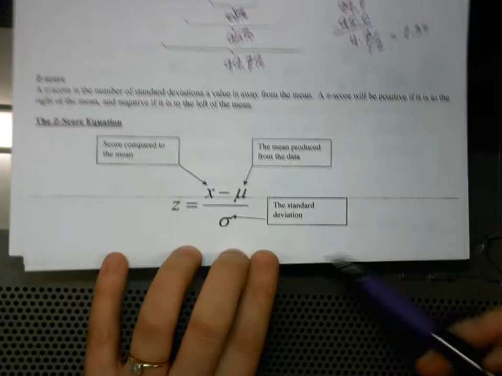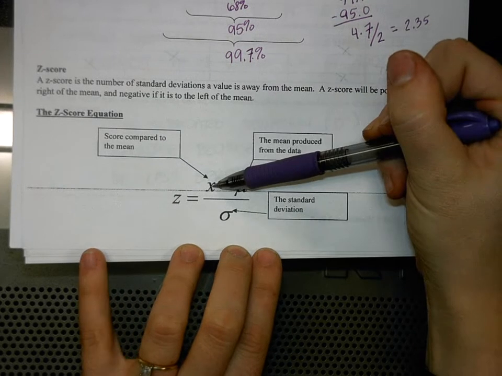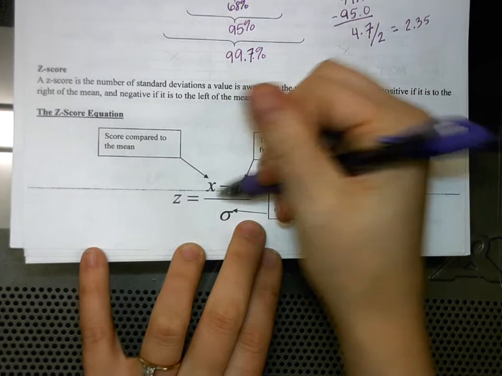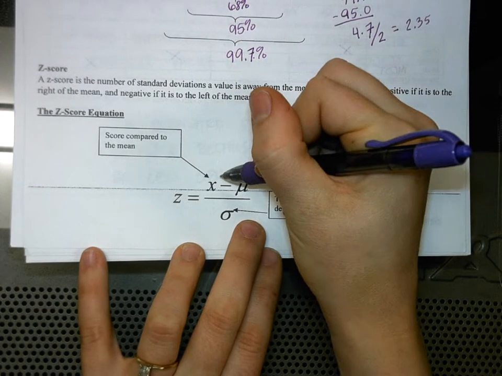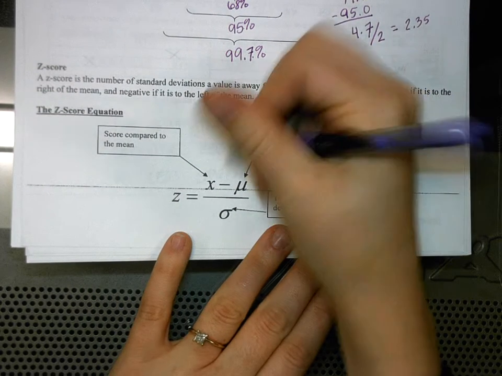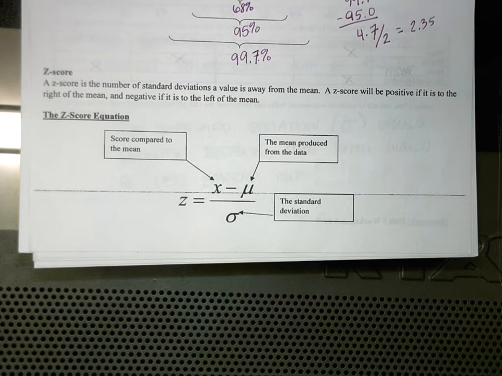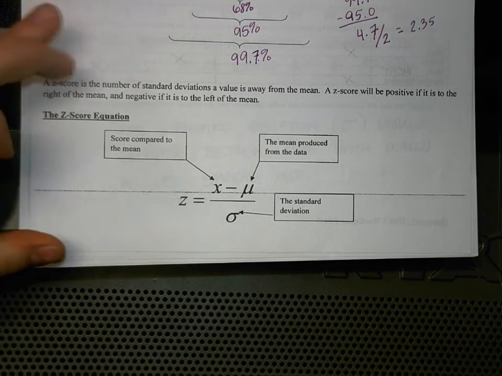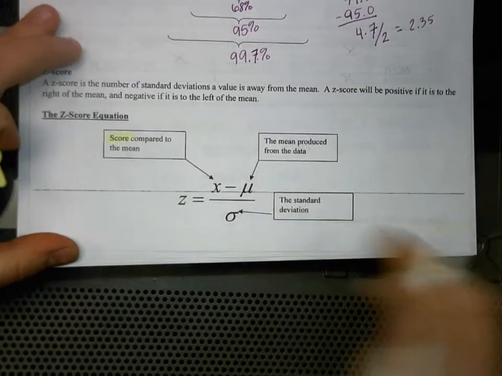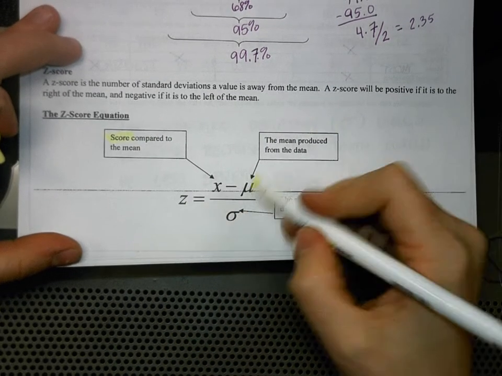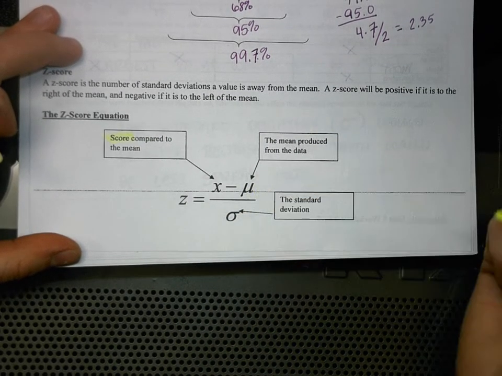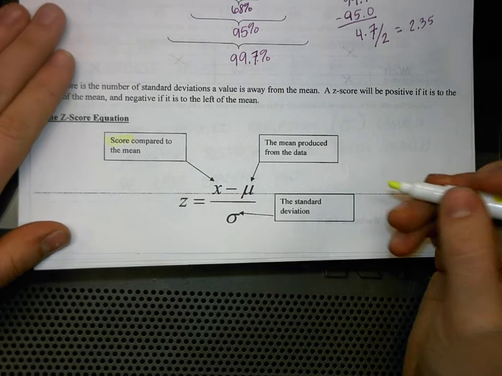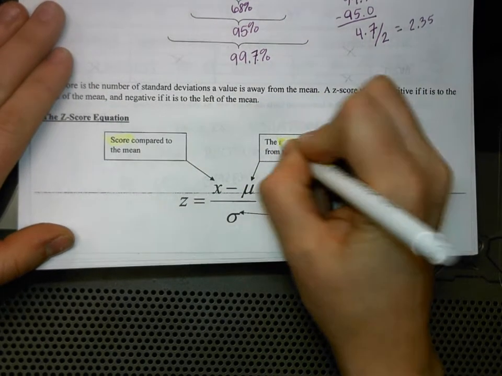All right, so all of these symbols you already know. We've done this in other sections. X is your score compared to the mean, so that's your piece of data. So that's your score. Let's go ahead and just highlight that. This mu symbol is the Greek letter mu. It's like a cursive M. That stands for the mean, and you know that.